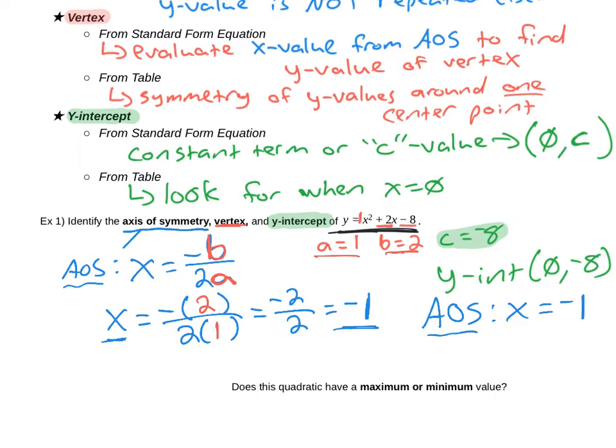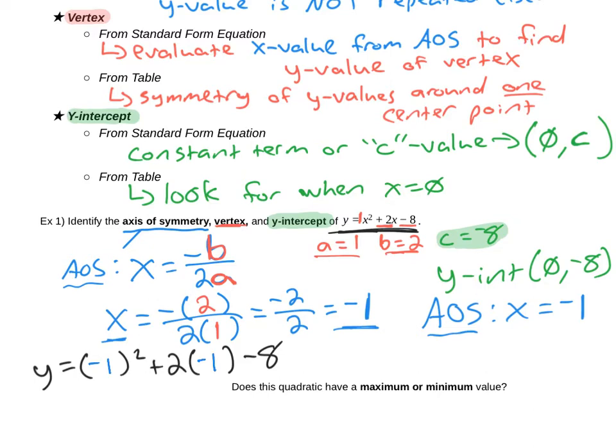Okay, so I'm going to take the equation y equals x squared plus 2 times x minus 8. Again, that's the original equation up here. We're going to evaluate the symmetry x value of -1. We just got that -1 here. Put it inside for x. -1 squared plus 2 times -1.